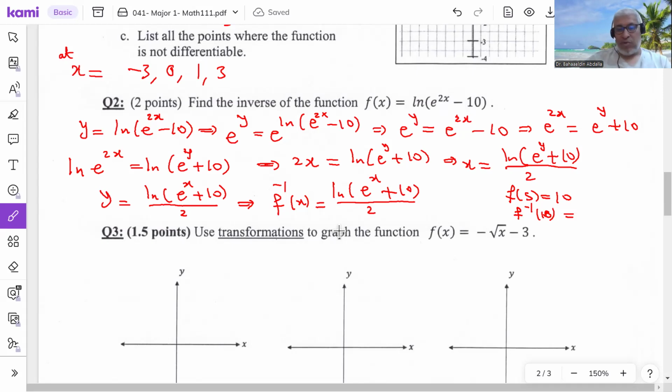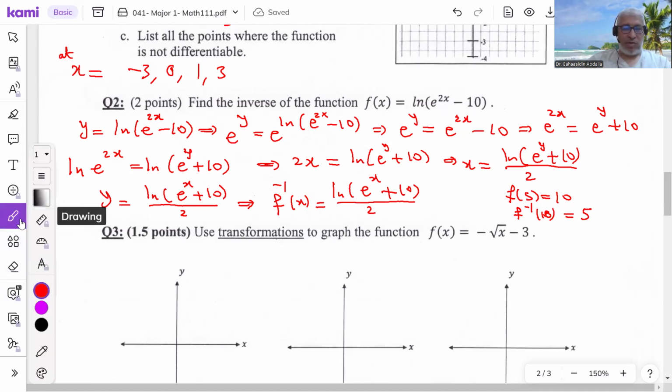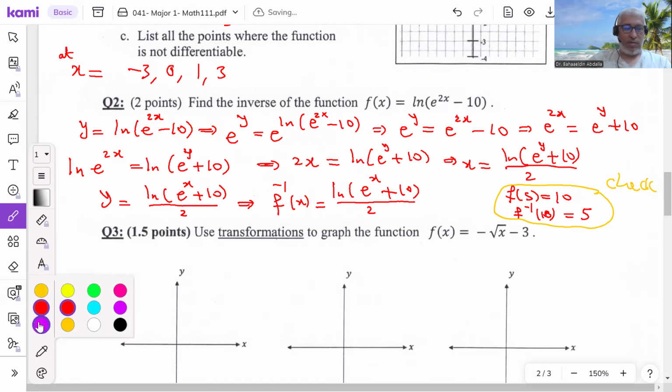So I'm sure that my answer is correct by this checking. This is just a check, okay? So you don't have to write it. You may write it somewhere. This is for checking, just checking that your answer is correct.